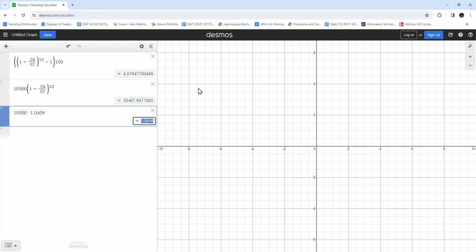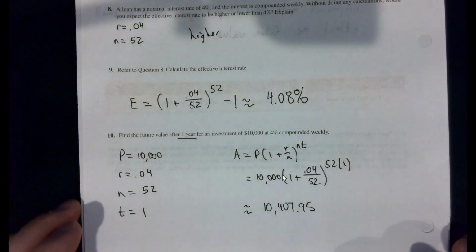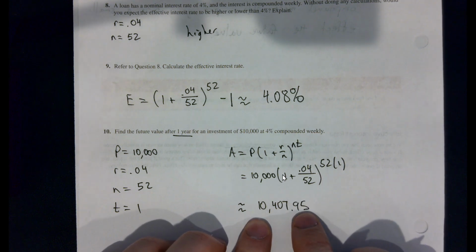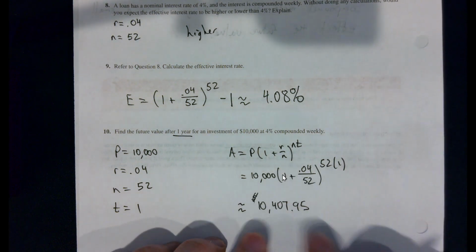Okay, so our future value on that $10,000 investment is $10,407.95. Had we just used the 4.08%, we would have looked at that being $10,408. We would have been rounding this 95 cents to a dollar.